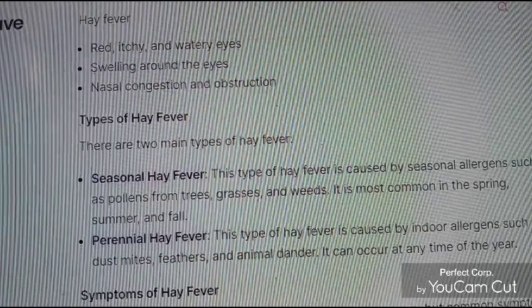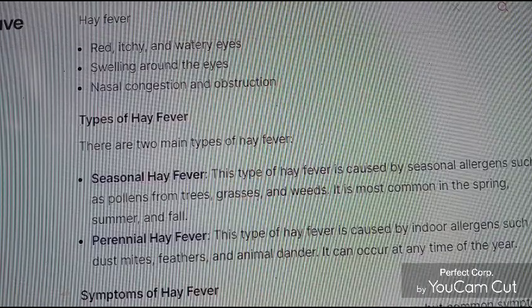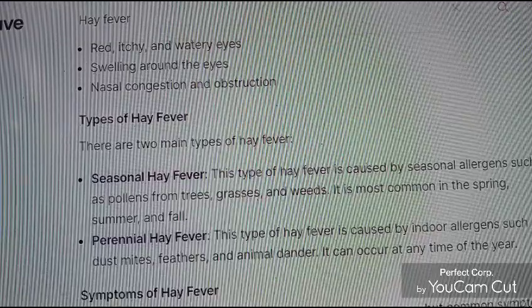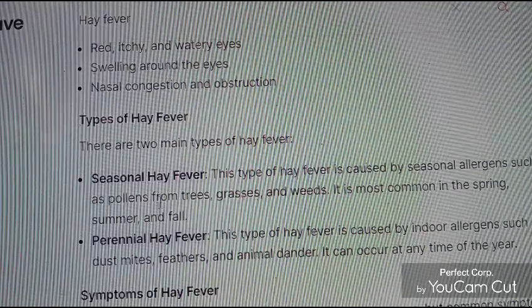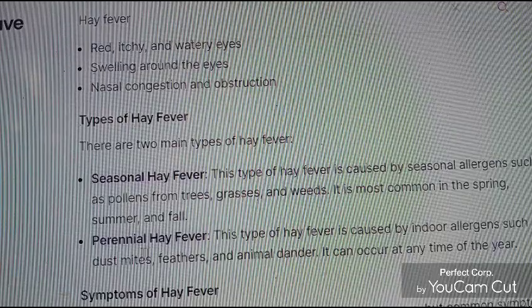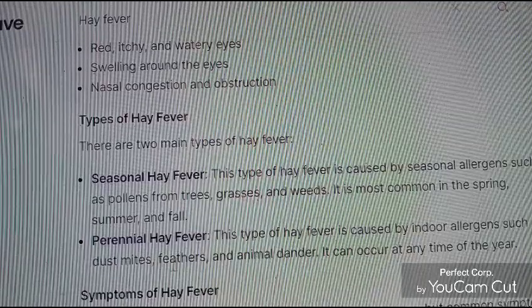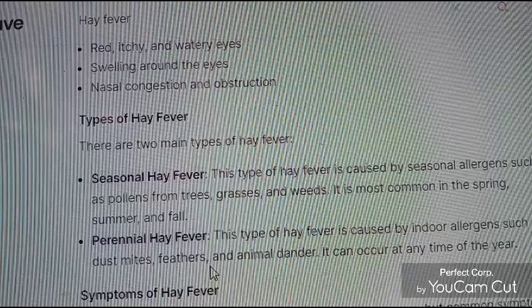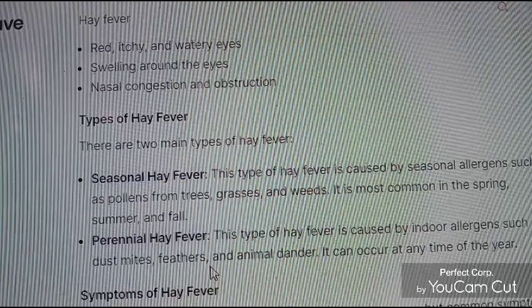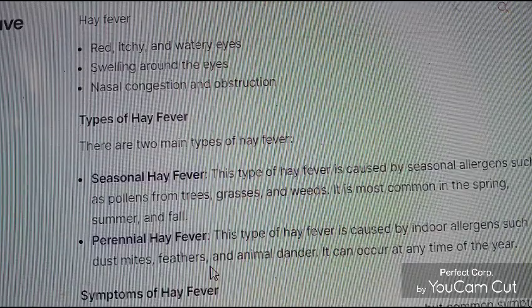Types of hay fever: seasonal hay fever, a perennial hay fever. So there's two different allergies. Why? Because this perennial is caused by indoor allergens such as dust mites, any part of the animal skin that contains their protein, if it comes to unprotected and on cellular level dry tissue.